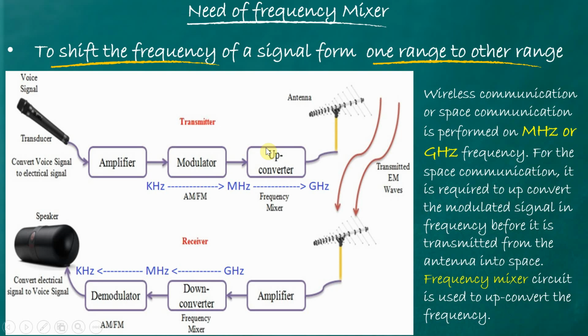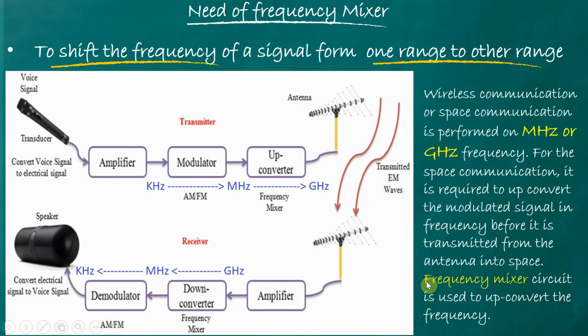Whatever up converter we have seen in the basic wireless communication block, that up converter is nothing but what? A frequency mixer. This frequency mixer is used to translate the frequency from one level to another level, meaning low level to high level, as you can see, right?